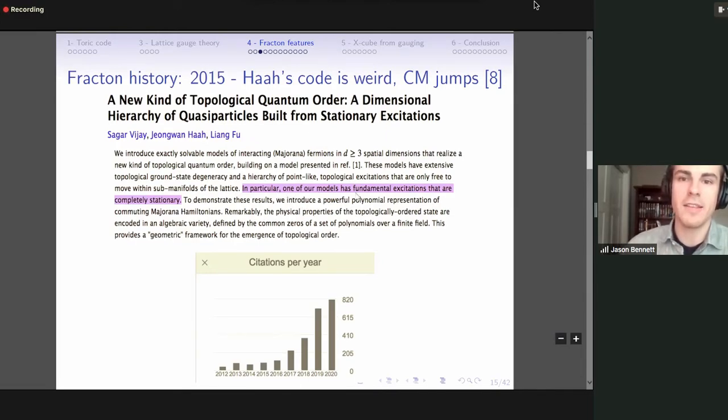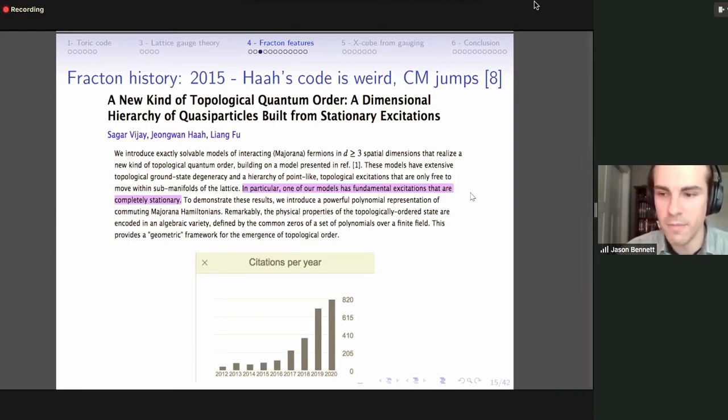People started to realize that a lot of the excitations and dynamics of these fracton theories were not characterized by the periodic table of topological insulators and things like that.